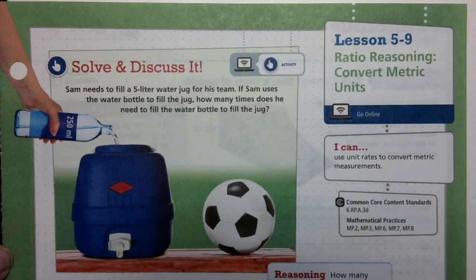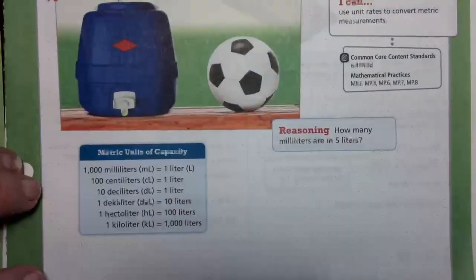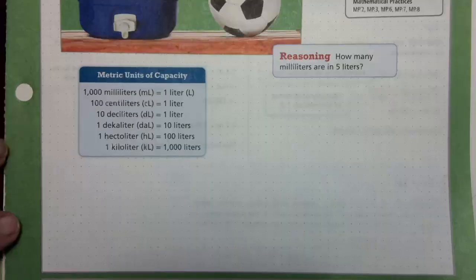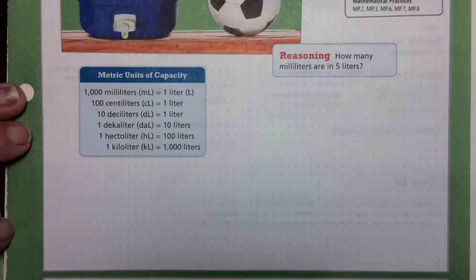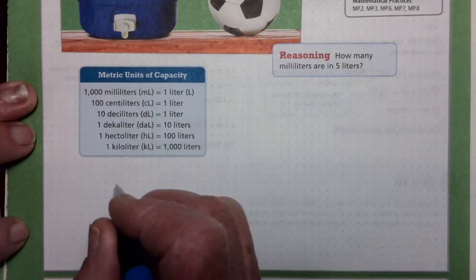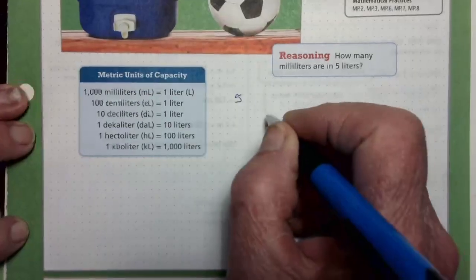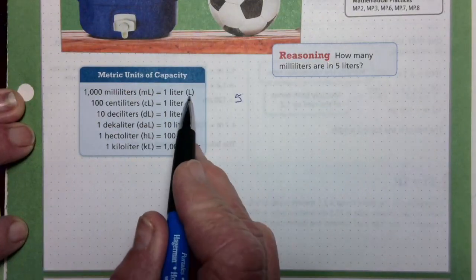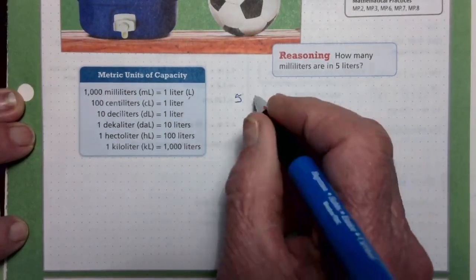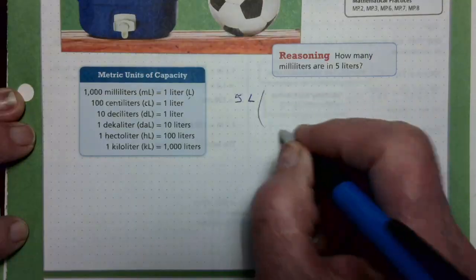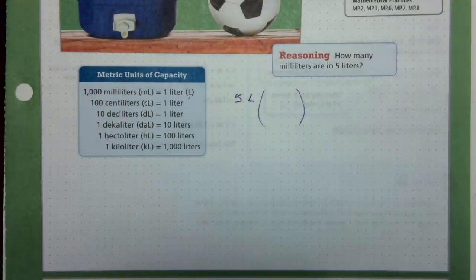All right, so here we go. We're going to change 5 liters, and if you look at liters, it's a capital L. So 5 liters, and we're going to change that into milliliters.